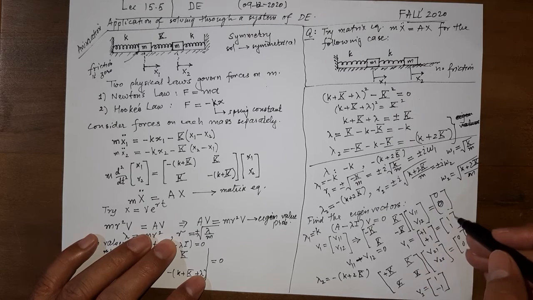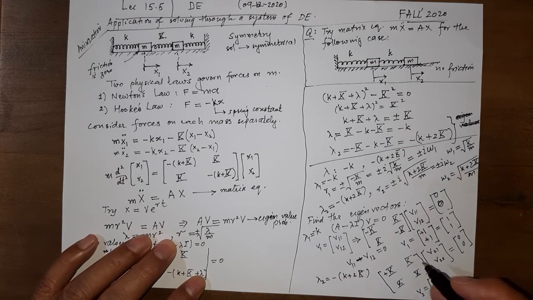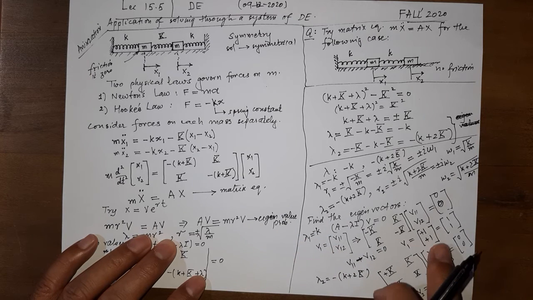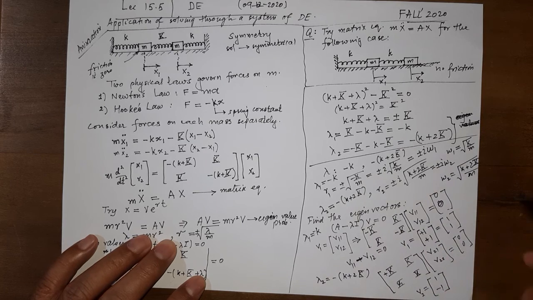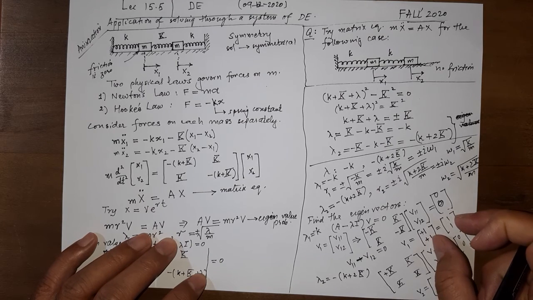So look at this eigenvector. This is 1 1. So one of the terms in the solution is going to have eigenvector v1, and this is going to tell that x1 is equal to x2. When the other term is 0, then this part will tell that x1 is equal to x2.